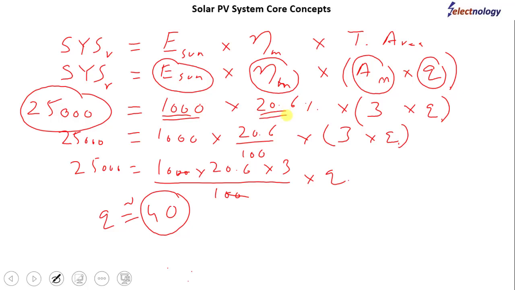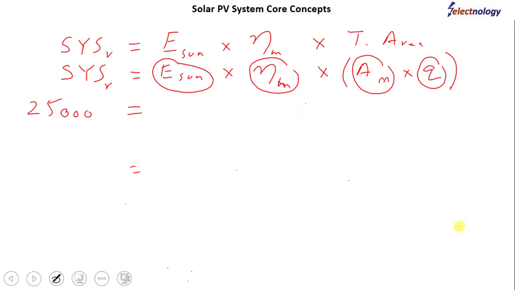Remember from our previous discussions that in reality this 1000 watt per meter square will be changing. The efficiency of the PV module will also change due to its temperature factor. Due to the different sun energy and the change in efficiency, we may need more PV modules. So let's calculate that.